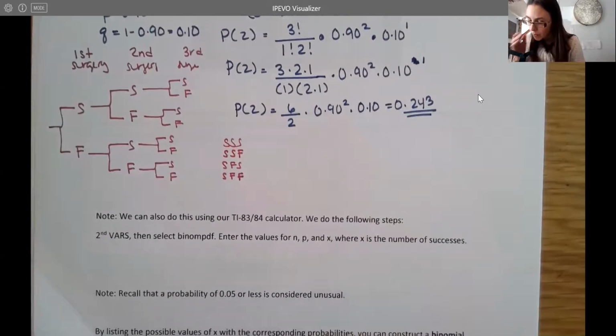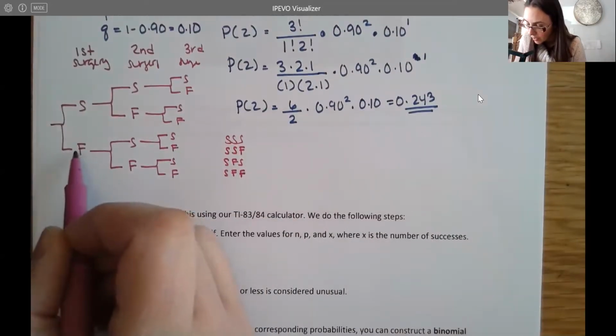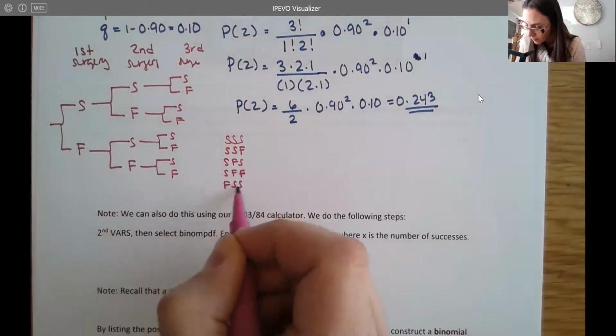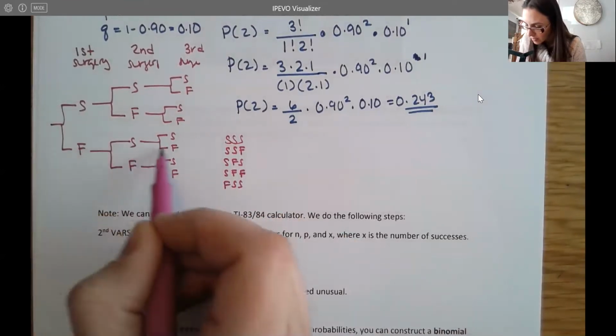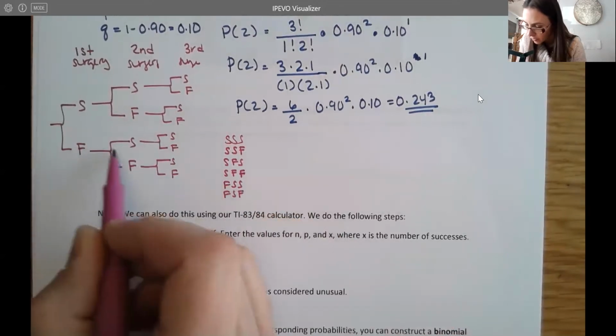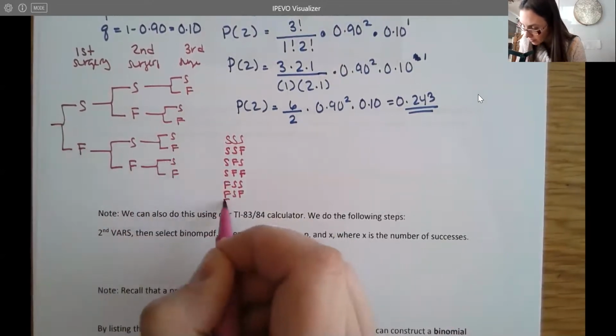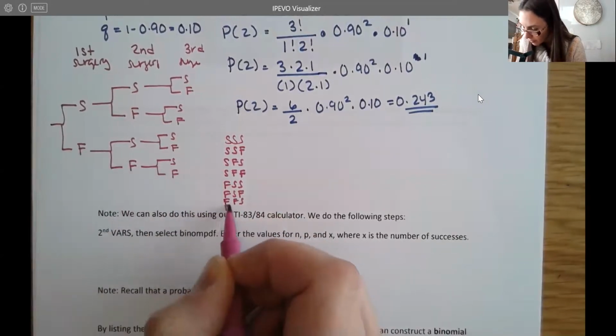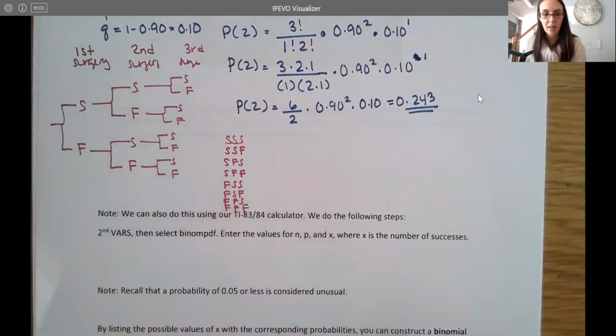Okay, now let me do the next group. All right, so down here, I could have failure, success, success, failure, success, failure, failure, failure, success, and failure, failure, failure. Just kind of squeezing that in there.